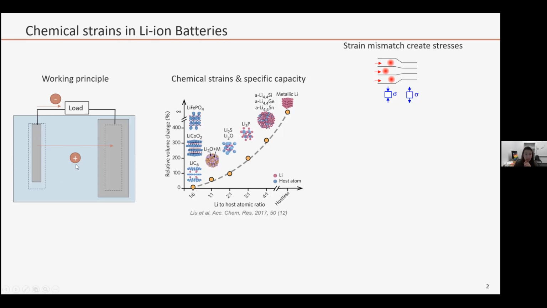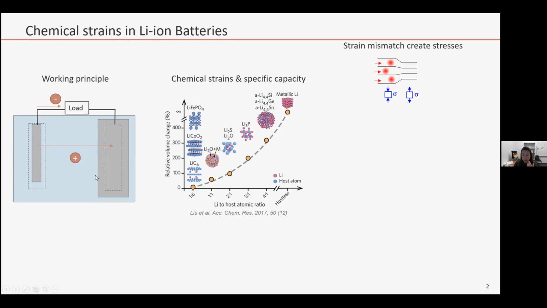So inside the system, the ions can move from one electrode to the other, and to achieve net charge neutrality, the electrons will move in the external circuit, and that's how we get the power from the batteries. The trick here is that you want to accommodate as many ions as you can in the host material.